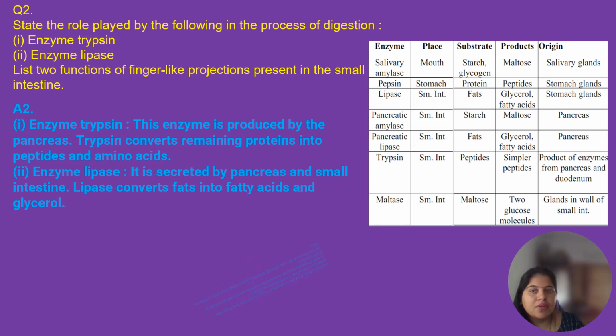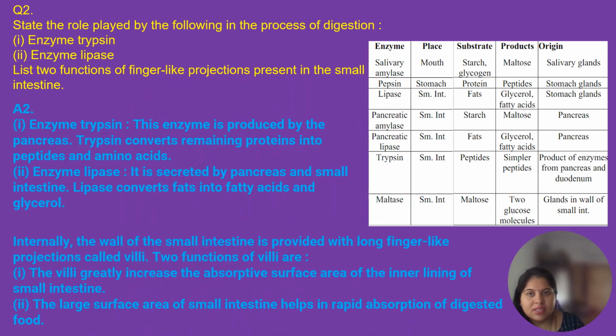Enzyme trypsin is produced by the pancreas, and what is the function of trypsin? It converts the protein into amino acids. Now enzyme lipase. This enzyme is secreted by pancreas and small intestine. And what is the function of the enzyme lipase? It converts fats into fatty acids and glycerol.